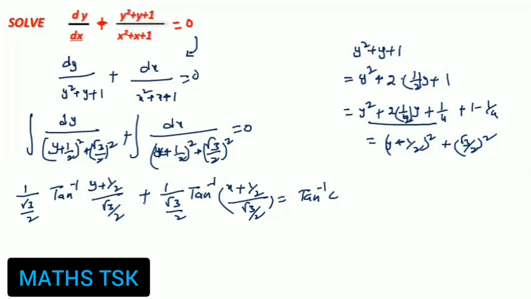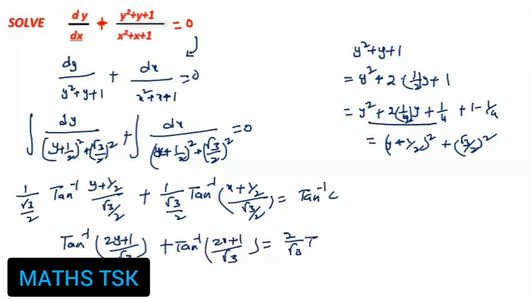You send the root 3 by 2 to that side. This becomes tan inverse of 2y plus 1 by root 3 plus tan inverse of 2x plus 1 by root 3 is equal to 2 by root 3 into tan inverse of c. You can consider all these things as k also.